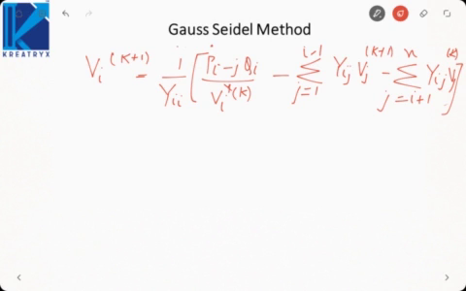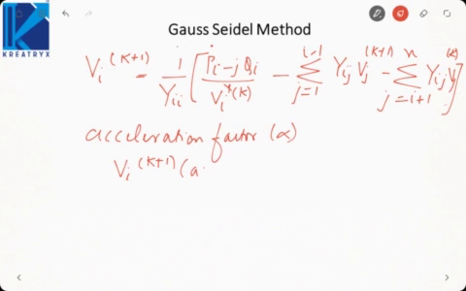And to further accelerate the convergence, we use an acceleration factor, that is given as alpha. Now with the acceleration factor, Vi k plus 1 accelerated is actually Vi k plus alpha times (Vi k plus 1 minus Vi k).